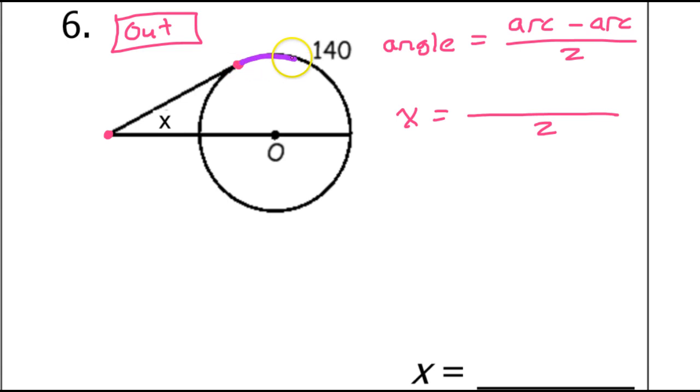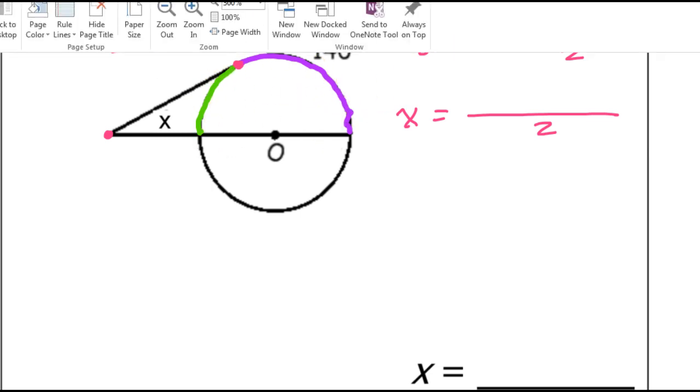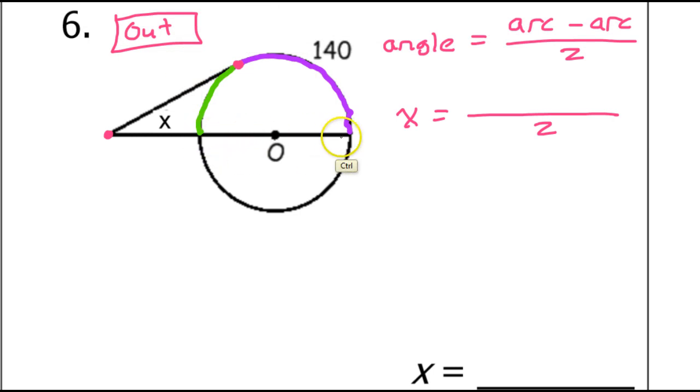Here is the 140 that goes from here to here. That's one of the arcs, but the other arc is the one that goes from here to here. That's the big arc and the small arc. They only gave me the big arc, so how do I find the small arc? Well, this is a diameter. See how it goes through the center?